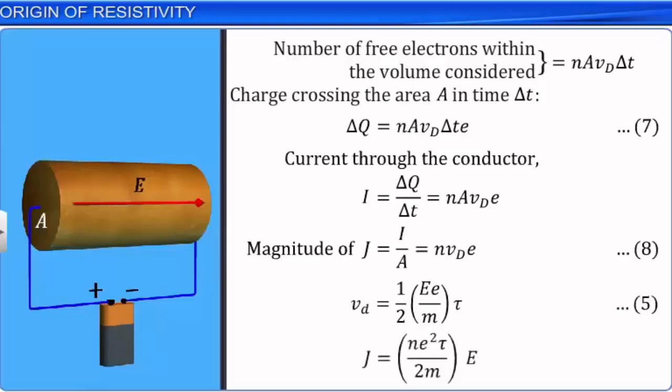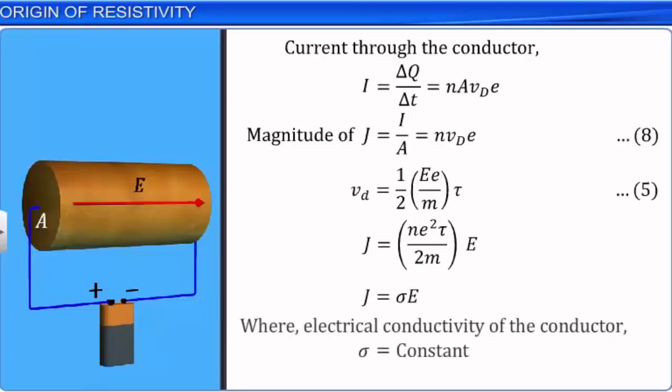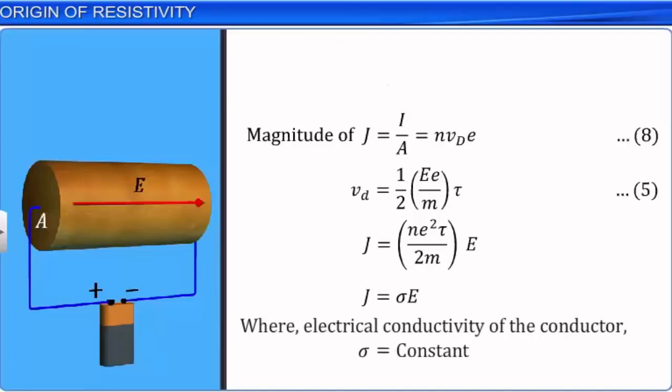The magnitude of current density, J, is also written as equal to sigma into E, where sigma is a constant called electrical conductivity of the conductor, which depends on the nature of the material of the conductor and its temperature. Thus, sigma is equal to n e square tau by 2m.